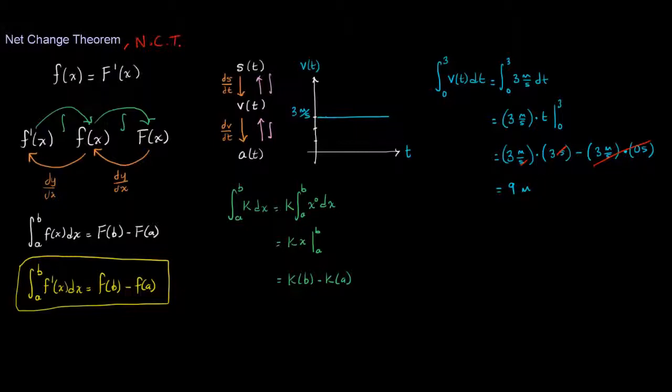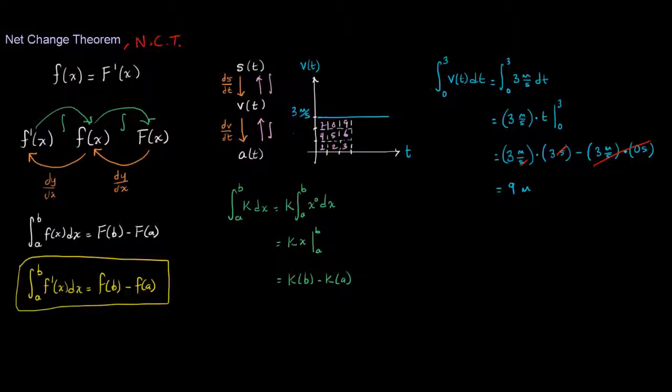Now if we look at this on the graph over here, we can literally count the area below the function. I'm going to do my best to draw this out here. As we can see, the area below this function is literally 9 units, which is 1, 2, 3, 4, 5, 6, 7, 8, 9 units.